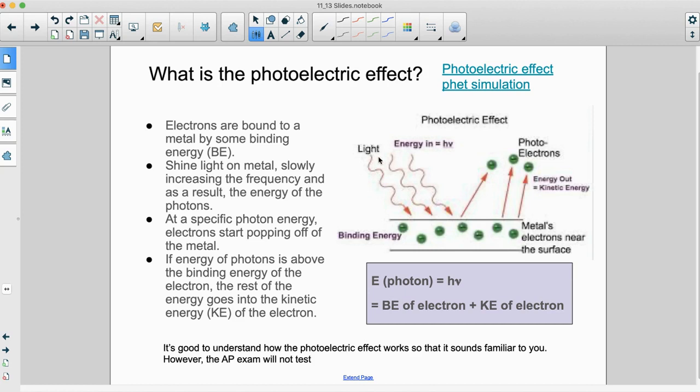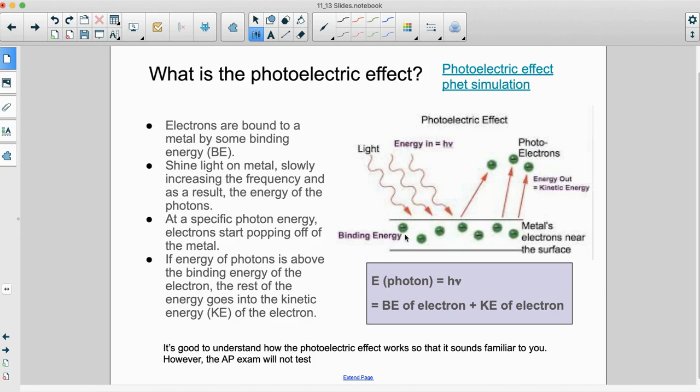And we find that each of these light packets, these photons, corresponds to one electron popping off. So if we send in 3 photons, we end up with 3 photoelectrons.